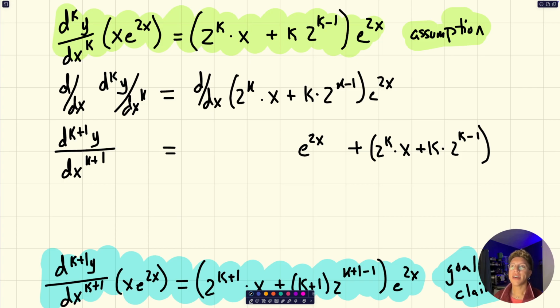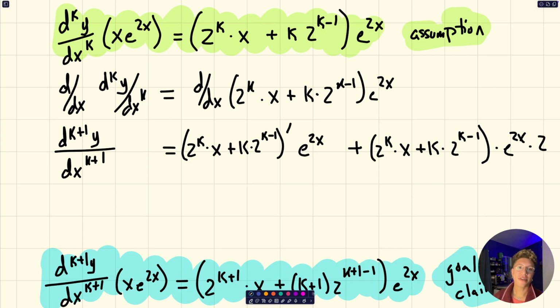The derivative of e to the 2x is pretty easy, so let's go ahead and do that. It's e to the 2x times 2. So this will be the second half of our product rule. And then over here, we have to take the derivative of all of this. 2 to the k x plus k times 2 to the k minus 1. So we're taking the derivative of that.